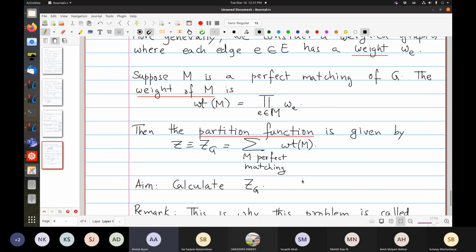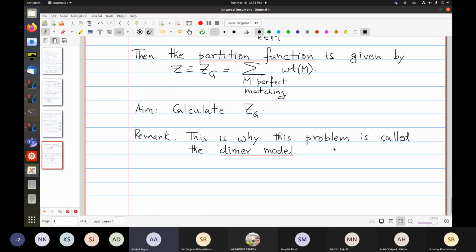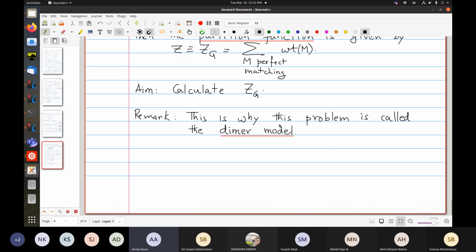Right. So the problem that I just mentioned, where you have both monoatomic and diatomic, is called the monomer dimer model, because you have both monoatomic and diatomic. Yes. Okay. Right.